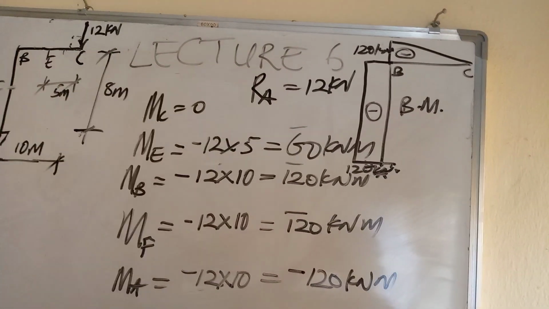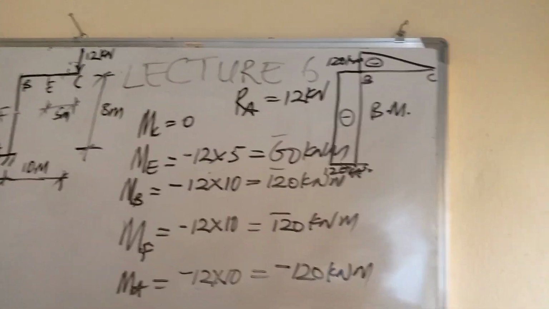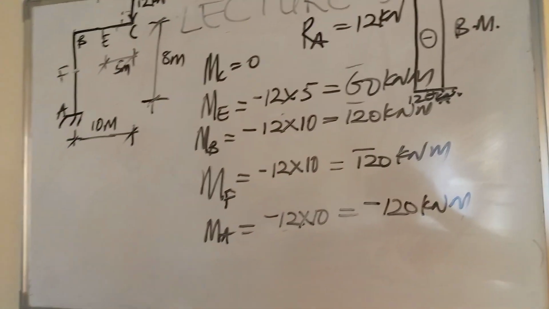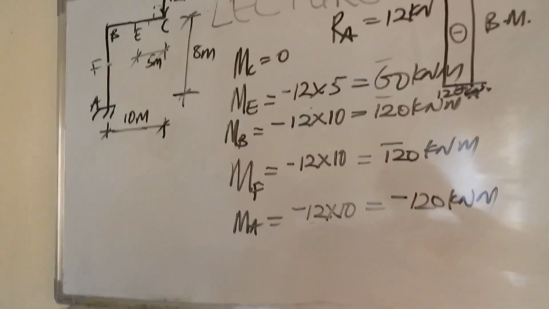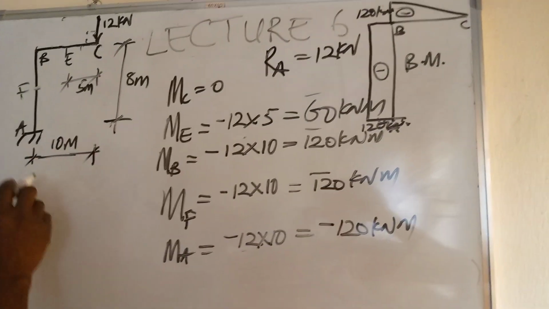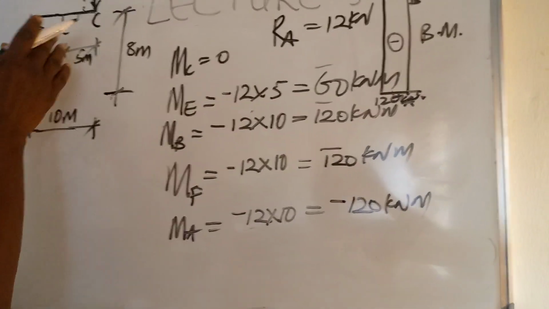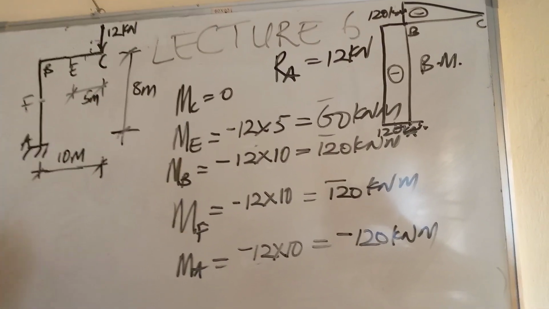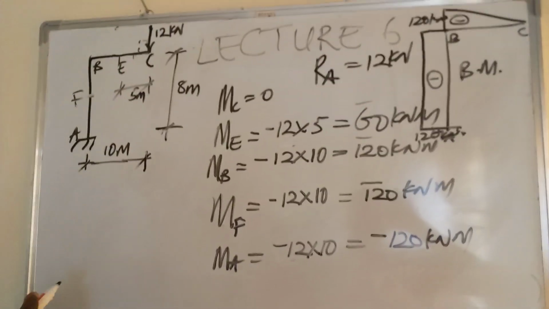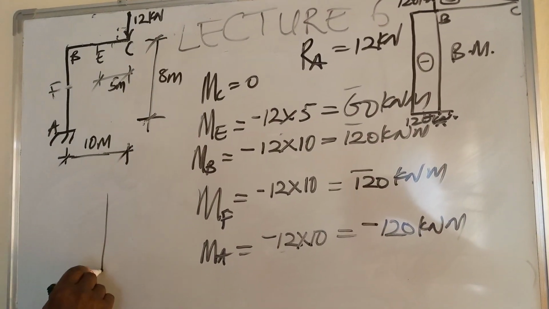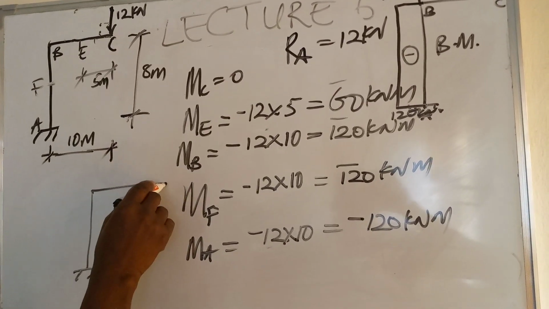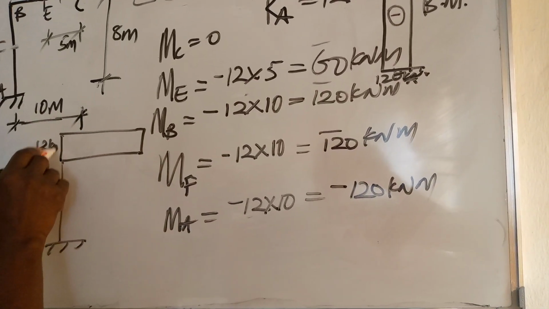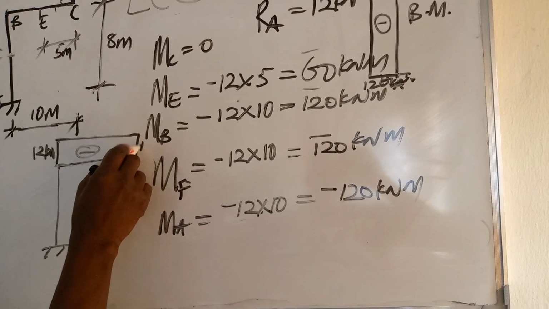So to calculate shear force, at C it is minus 12 kilonewton, and it is the same 12 kilonewton up to point B. Shear force is 12 kilonewton throughout that line to C. So, the diagram of shear force, 12 kilonewton, 12 kilonewton.